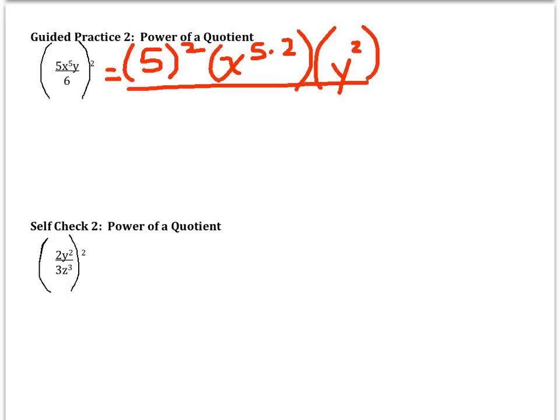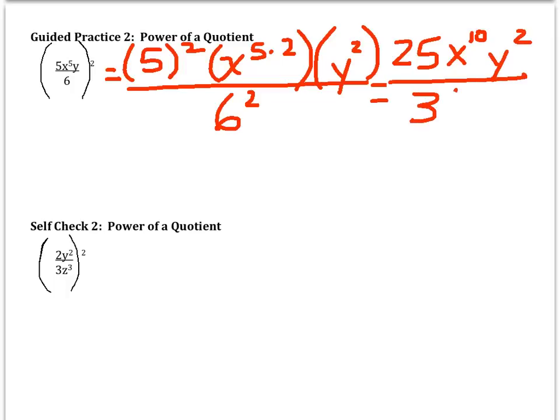And we'll divide that by 6 raised to the 2nd power. So when we work this out, we get 25, 5 squared is 25, x to the 10th, y to the 2nd, over 36. 25, x to the 10th, y to the 2nd, over 36 is in simplest form, so we can stop there.